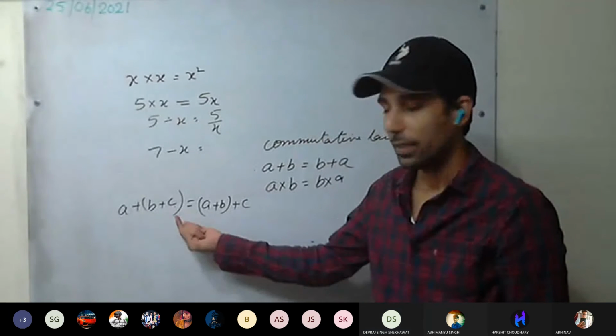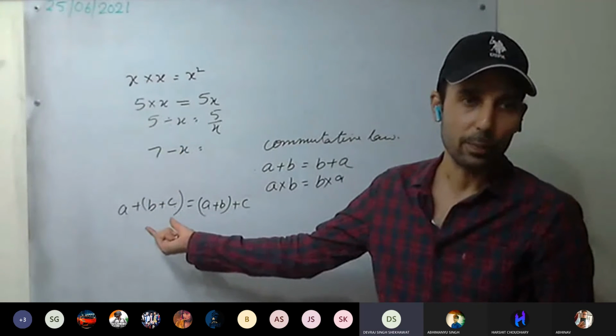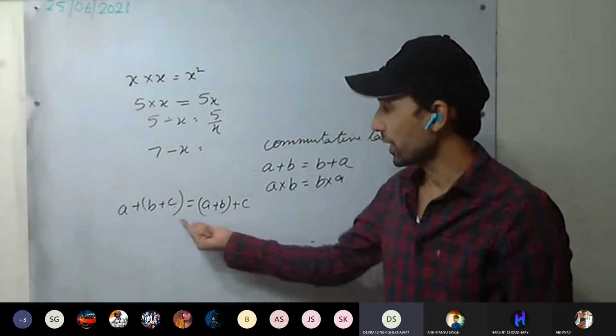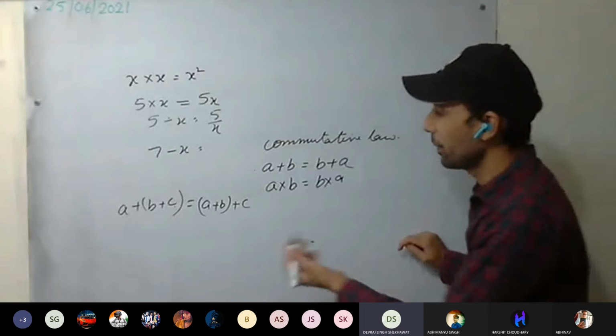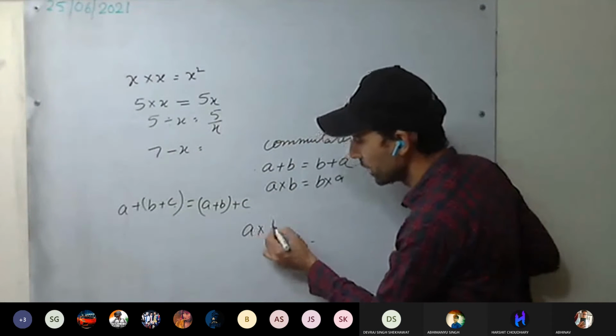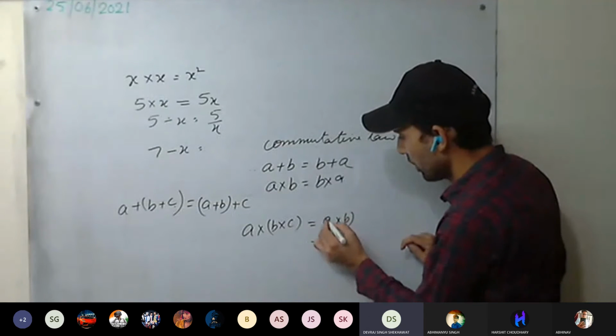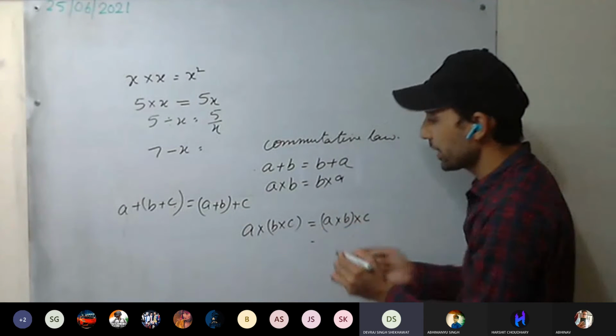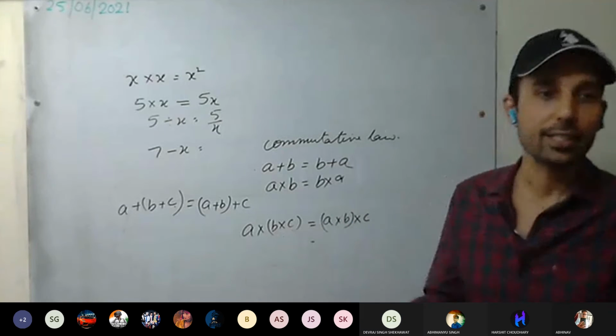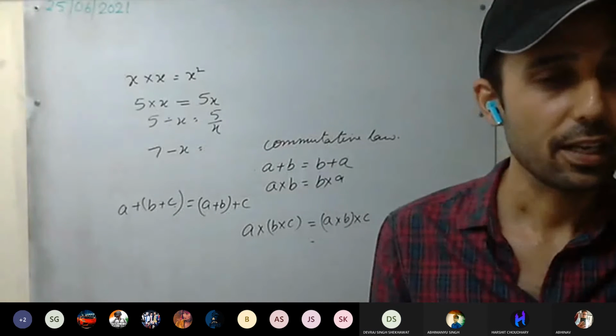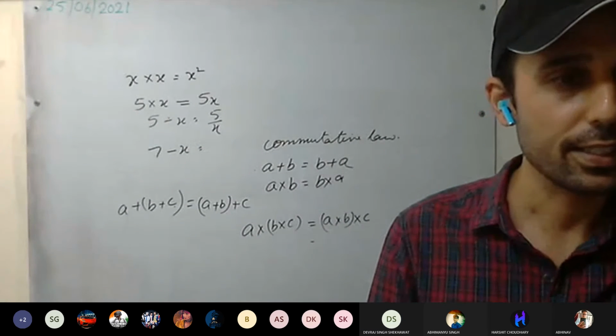Whatever association you form, at last you will get the same answer. Similarly with multiplication, it doesn't matter which numbers you multiply first. At last you'll get the same answer. This is clear.